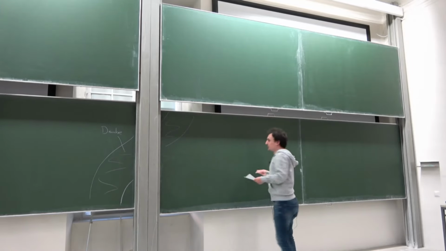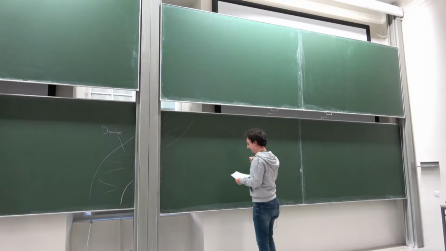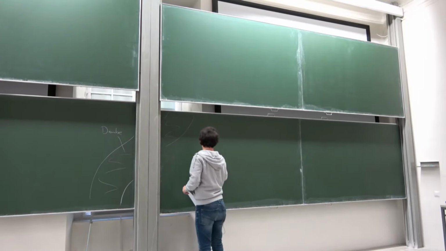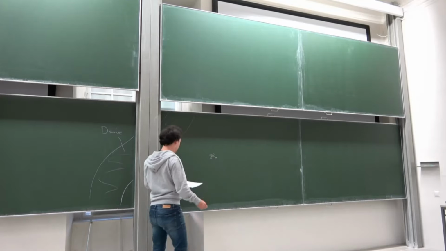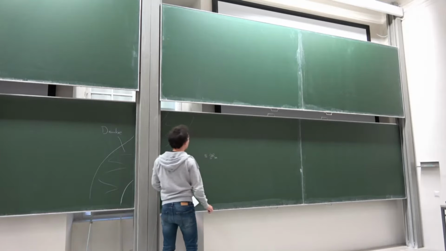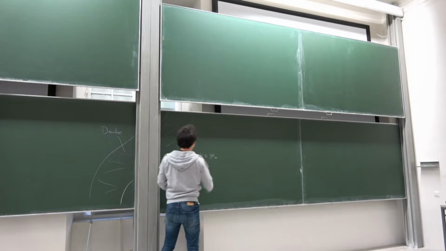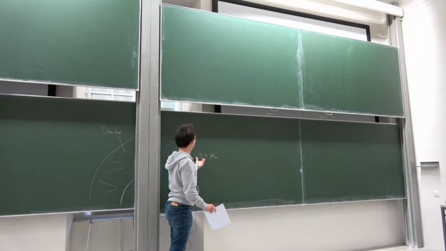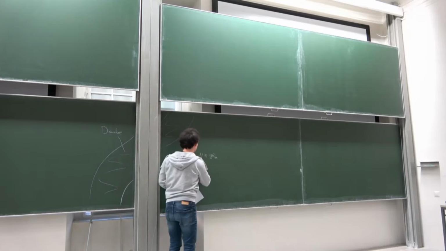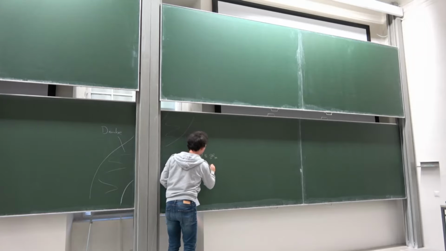So I'm going to do something completely unrelated. What I'm going to do now is consider GLM, let's say, the Lie algebra GLM. What I'm going to be interested in is a certain affine subvariety in here, which is given by all nilpotent elements in the usual sense of linear algebra.